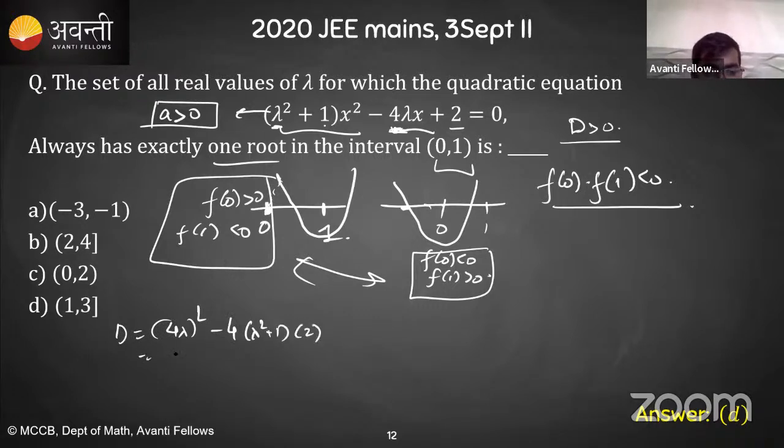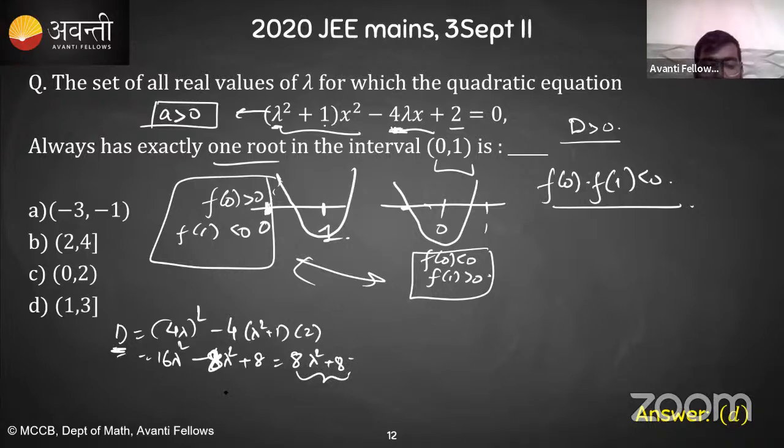So this will be 16 lambda square minus 8 lambda square minus 8, that is 8 lambda square plus 8. So from this it is clear that our discriminant is always going to be positive. So lambda can be any real number.